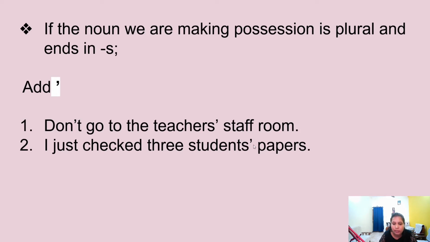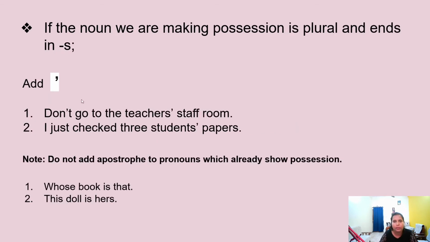So in that way, I have also used an apostrophe at the end of this word, students. Here there is something to note: we should not use an apostrophe at the end of pronouns. So what are pronouns? Like I, me, he, she, it.